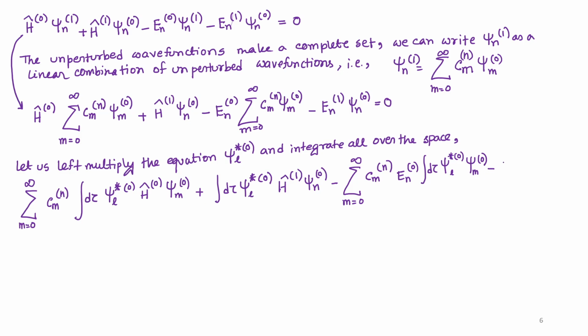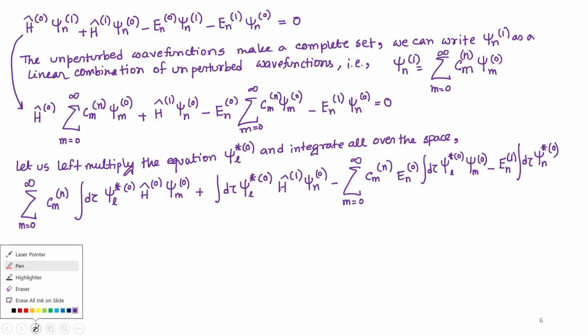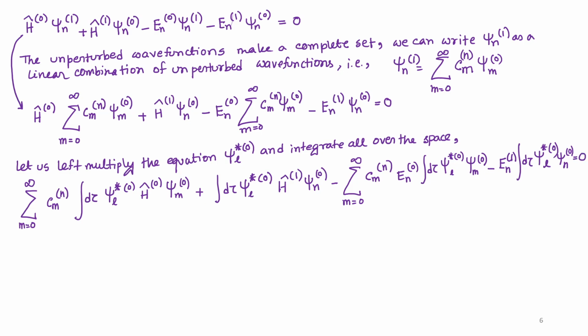I know there are many things here, but please try to focus on what I am saying and what I am writing. If you can write it by yourself, then you will get the gist and have a better idea. Not n but l. And obviously it had psi_n^(0), and that all equals 0.